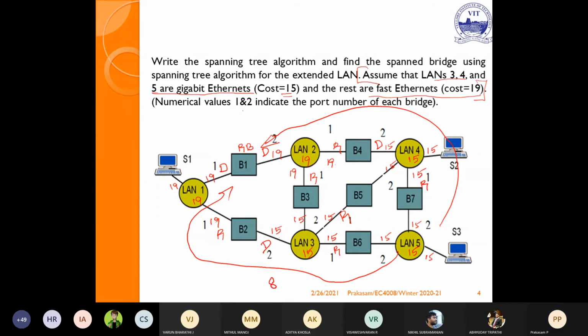In this direction, 15, 15, 15, 45 plus 38, it is also 83. Now a tie is happening in both paths. If a tie is happening, take the lowest bridge ID. This is B7, this is B6. So B6 is the lowest bridge ID. So for LAN 5, B6, 2 is the designated port. I am marking it here.